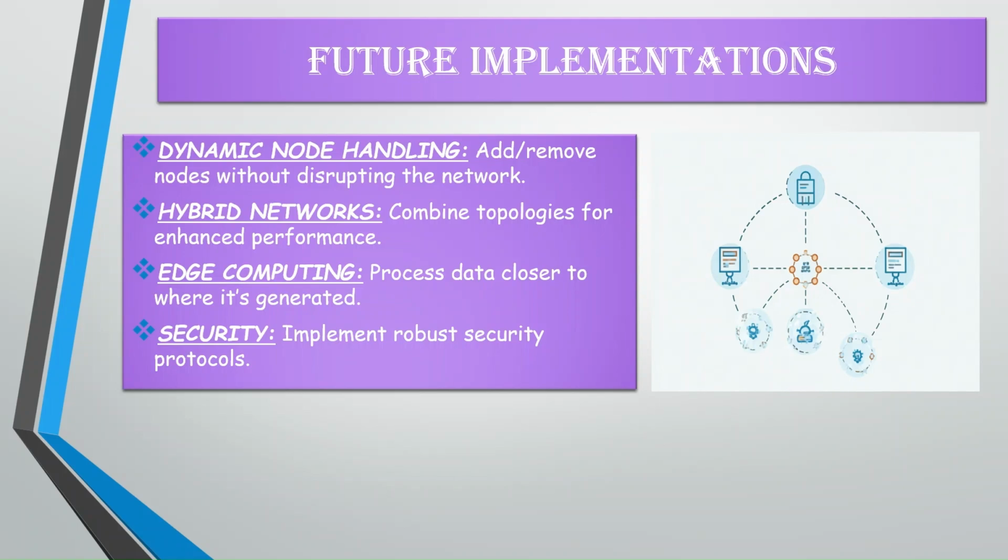Areas such as dynamic node handling, hybrid networks, edge computing, and advanced security protocols can further enhance the capabilities and reliability of IoT systems. As IoT continues to evolve, it's essential to stay updated on the latest trends and technologies to ensure that our networks remain efficient, scalable, and secure.